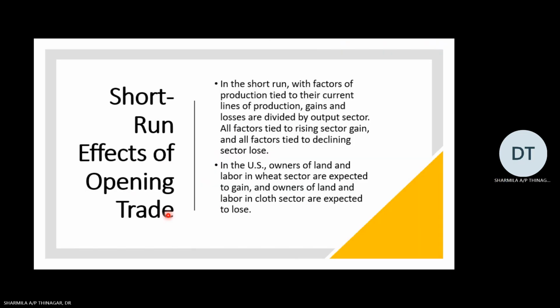Okay. So in the short run, with factors of production tied to their sectors, their gains and losses are divided by the output sector. And all the factors tied to the rising sector will gain, and all the factors tied to the declining sector will be losing.